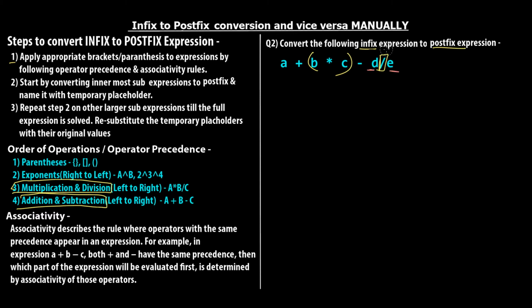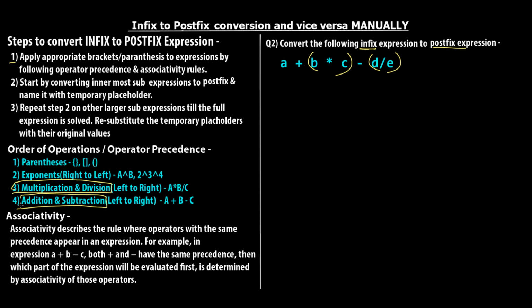Because in infix, the operator comes in between and the two operands are to the left and right of that operator, especially when we are dealing with binary operators. So again, we'll wrap this in round brackets, and let's first resolve these two, and later on we'll convert the plus and minus also. Let's first deal with B star C and D divided by E.